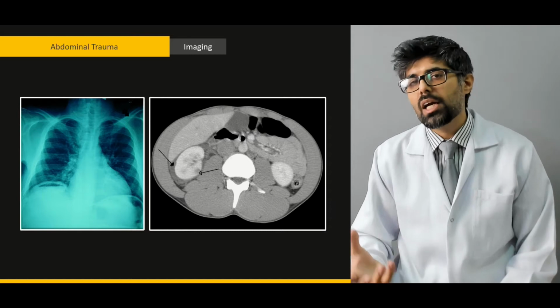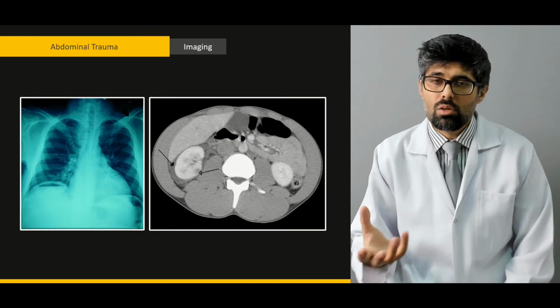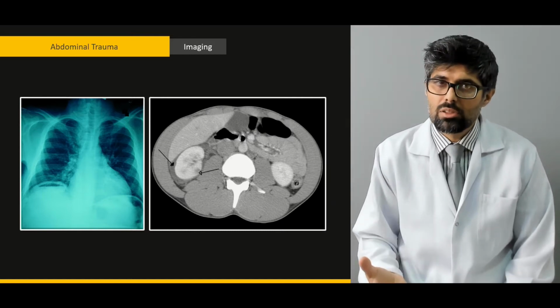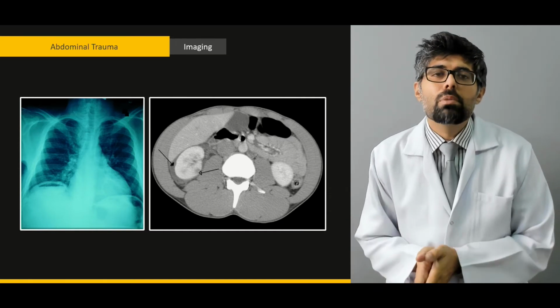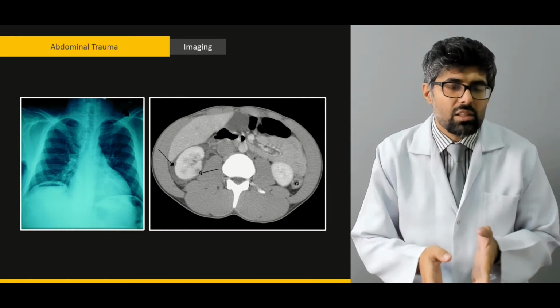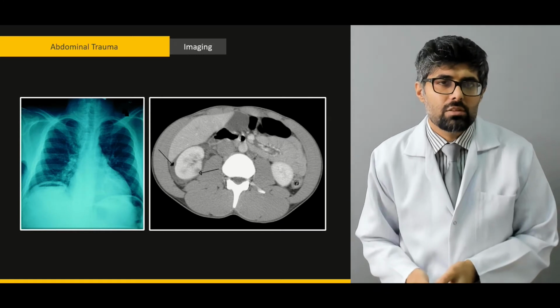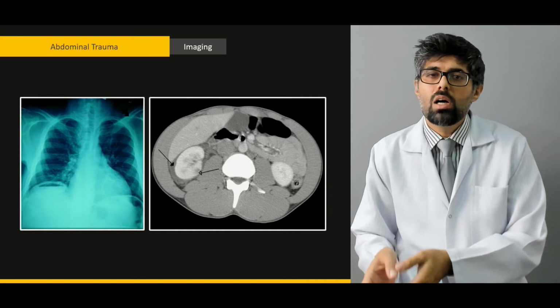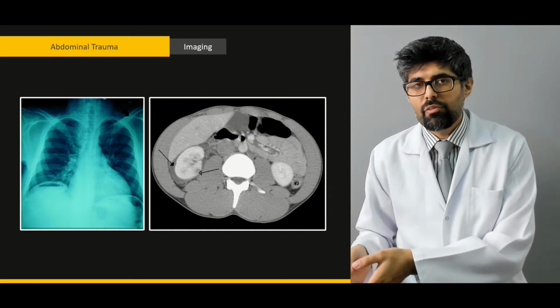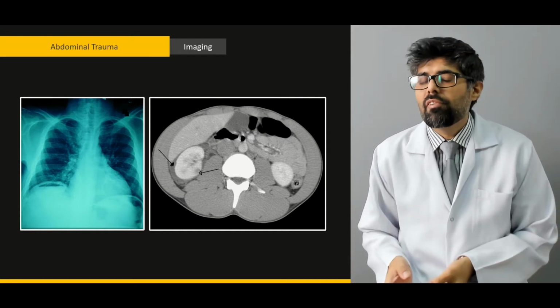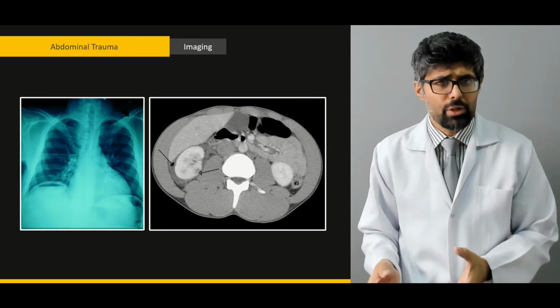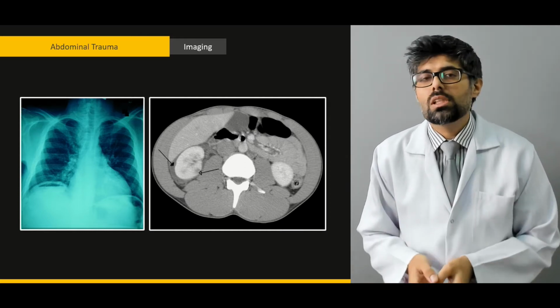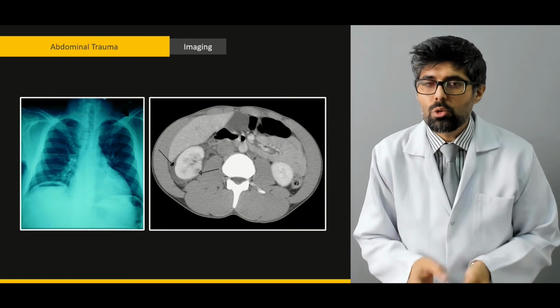This CT scan can be enhanced or unenhanced, but we usually perform CT scan in phases. Usually we perform an arterial phase and then a delayed phase. What is a phase of a CT scan or a window? This is all discussed in my lecture of Introduction to Radiology.